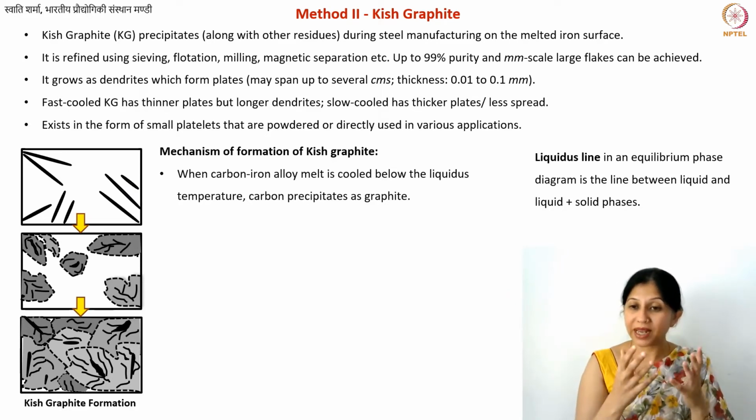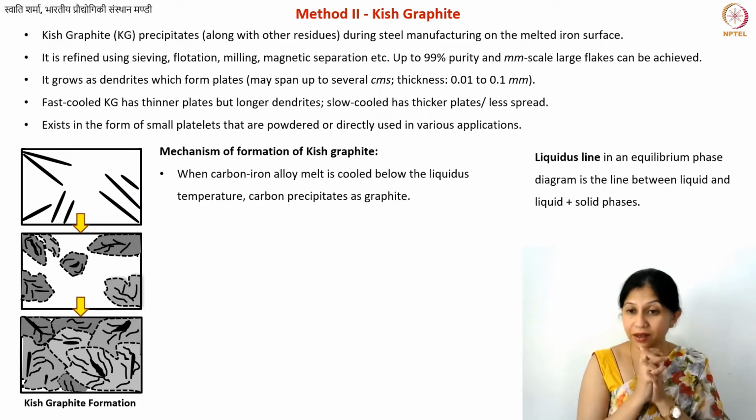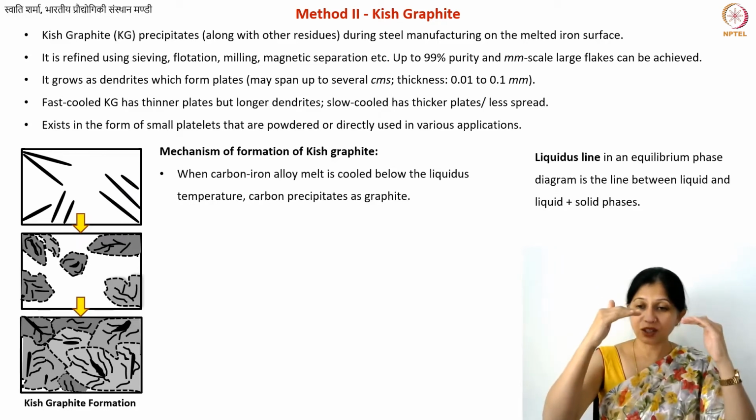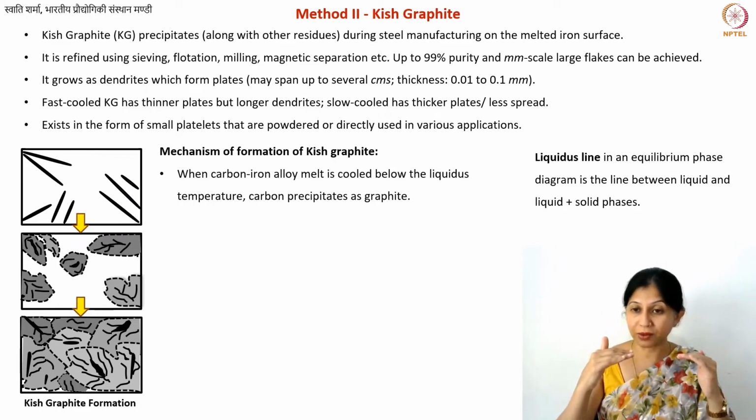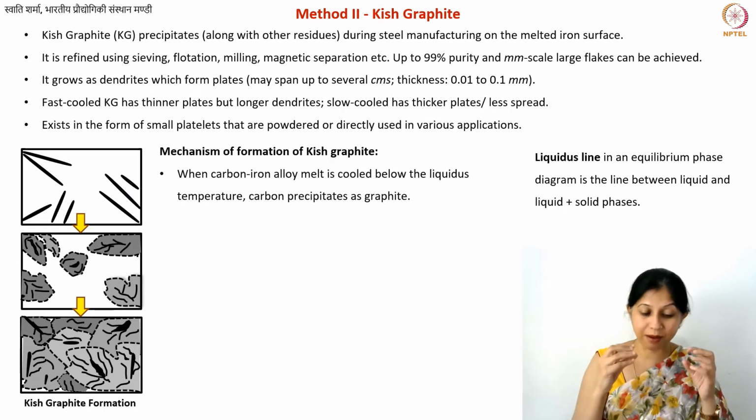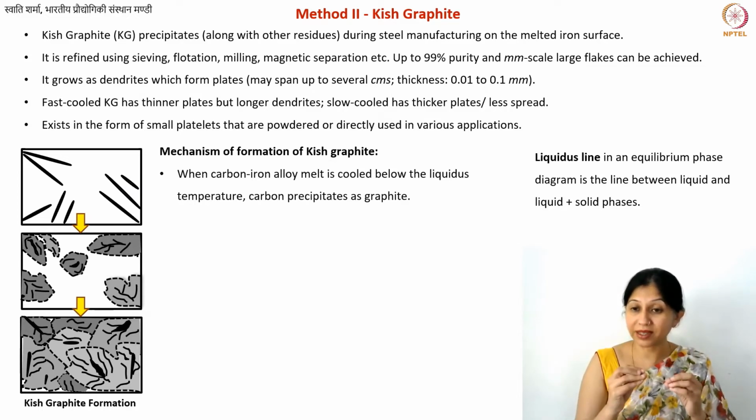Above this line, your material, element or alloy will always be liquid. However, as soon as you go below the liquidus line, some solid may also exist along with the liquid. And that is when you have the Kish graphite forming.